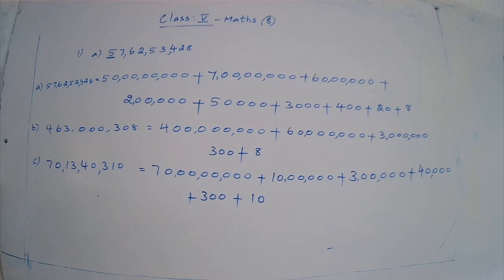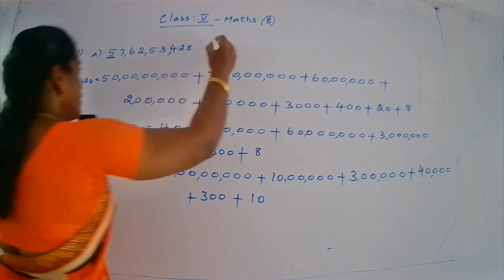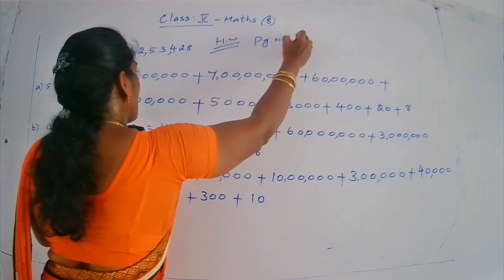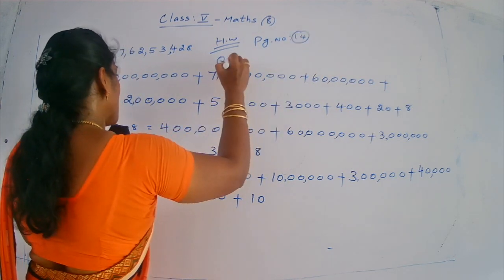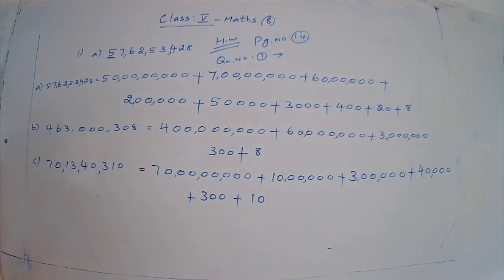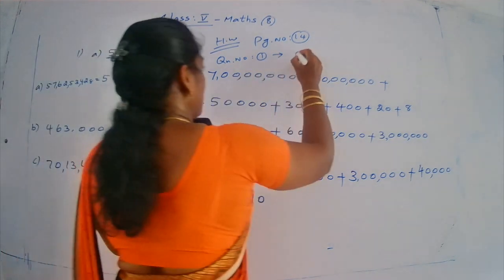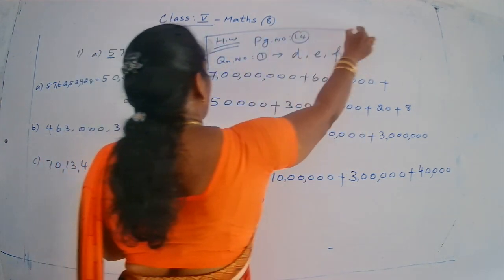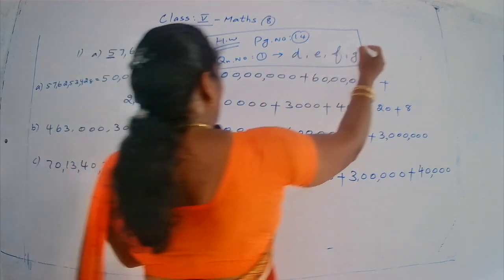The remaining questions D, E, F, G. A, B, C already done. These sums are homework. Do in your book.